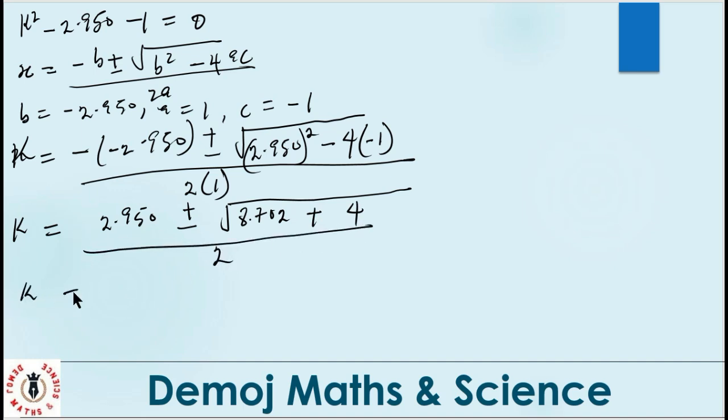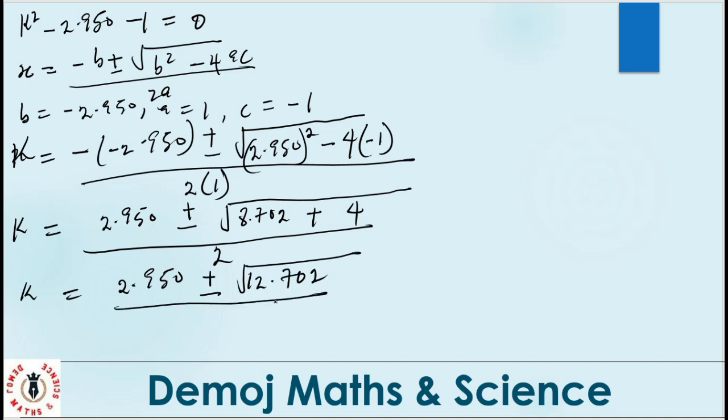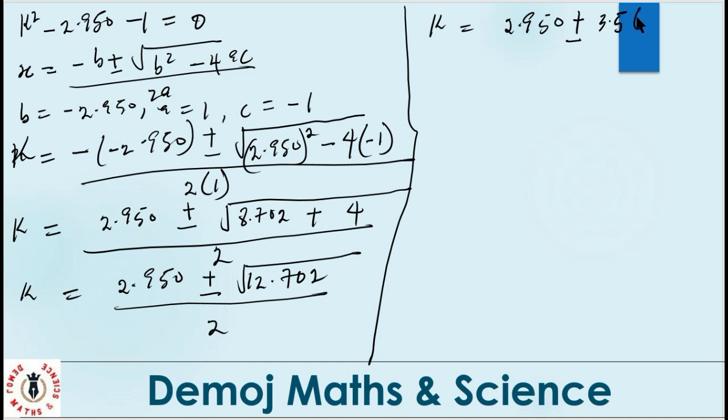So that k now will be the same thing as 2.950 plus or minus the square root of 12.702 over 2. Now, clearly, k is the same thing as 2.950 plus or minus square root of 12.7, that's 3.564 from my calculator, over 2.